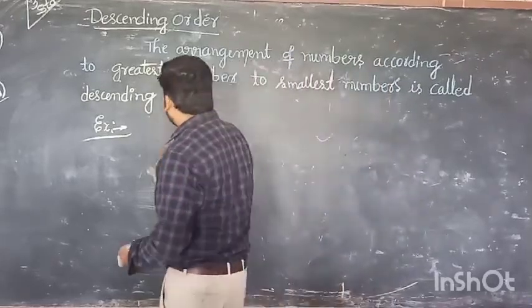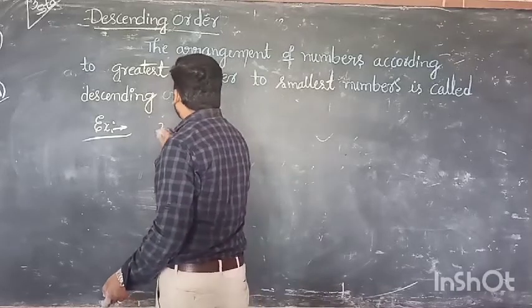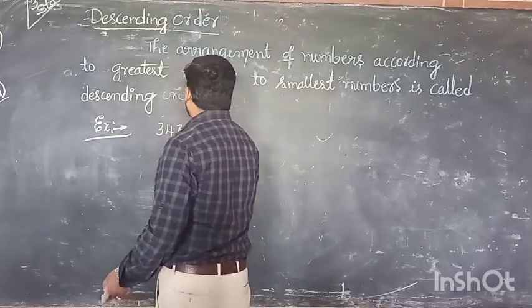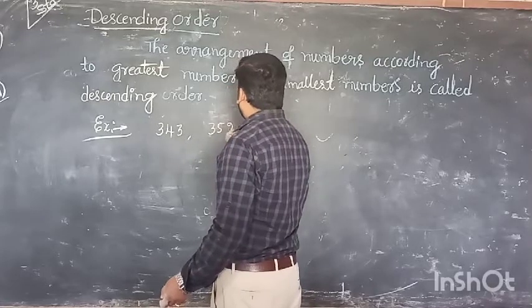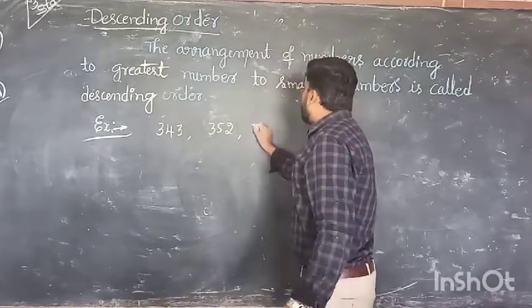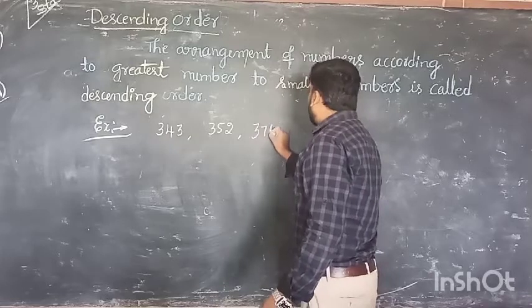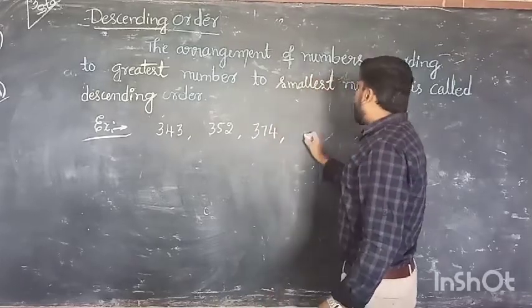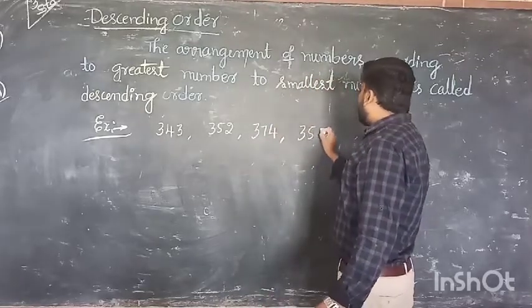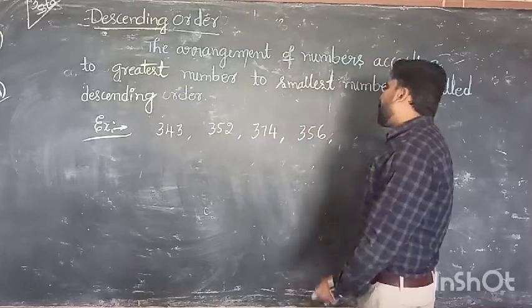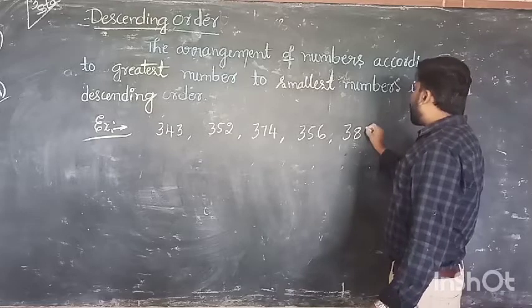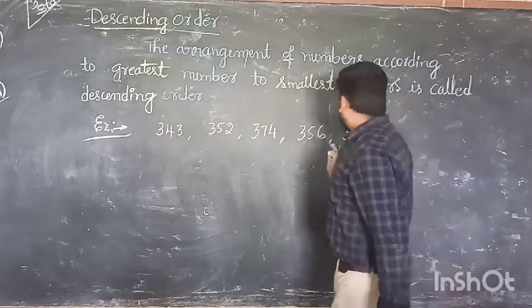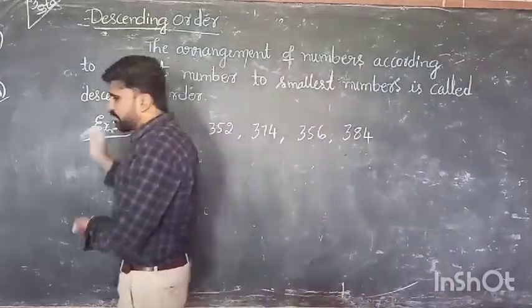See one example. I will give you 3-digit numbers: 343, 352, 374, 356, 384. 1, 2, 3, 4, 5.